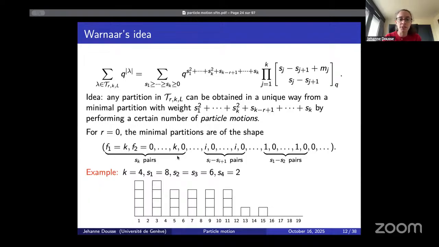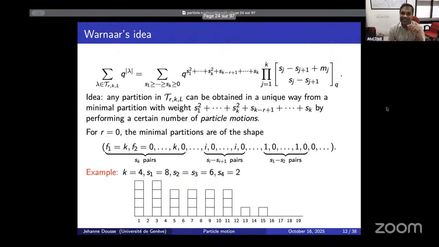So first you have s_k times k,0, k,0, k,0, etc. Then you have i,0, i,0, i,0, s_i minus s_{i+1} times, etc. You end up with 1,0, 1,0, 1,0, s_1 minus s_2 times, and then only zeros. So clearly this satisfies the conditions of Andrews-Gordon. And you can here see an example when k equals 4.